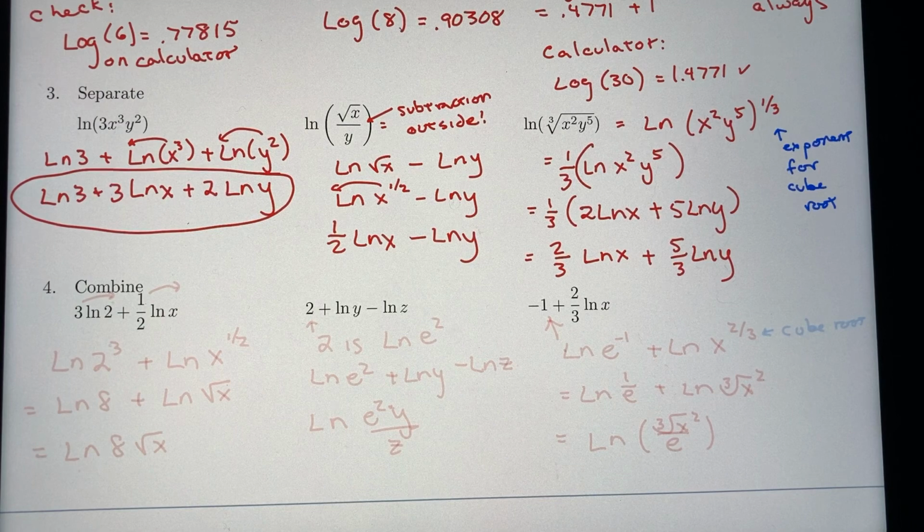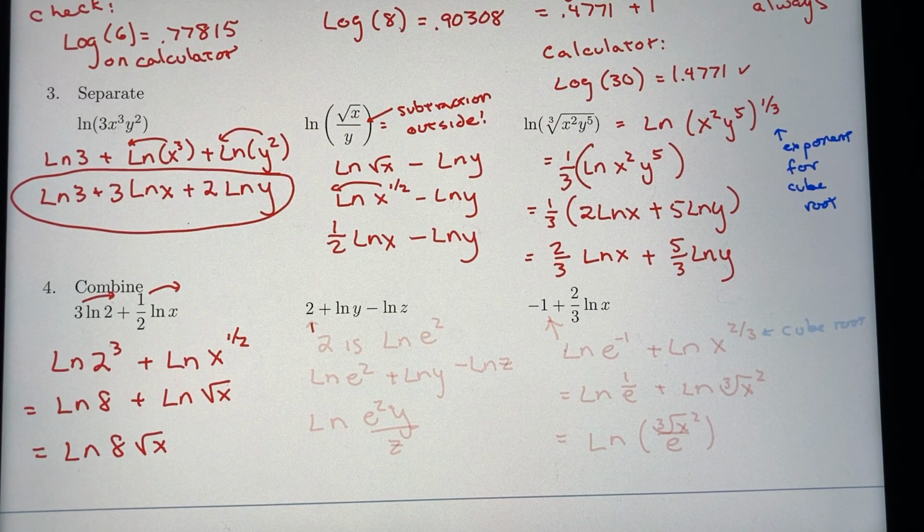Going backwards, we start by popping exponents inside. Then we figure out what they are. 2 cubed is 8. And the exponent 1/2 is for square roots. And then we combine in multiplication.